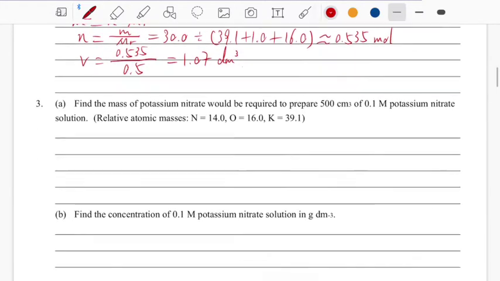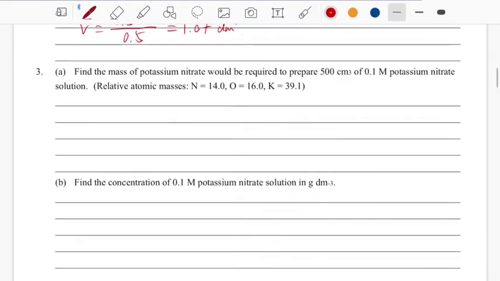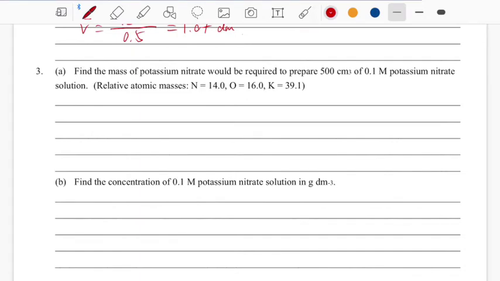For question 3a, find the mass of potassium nitrate that would be required to prepare 500 cm cube of 0.1 molar potassium nitrate solution. Remember the formula, molarity equals number of mole over the volume. If we want to work out the mass, we need to first work out the number of mole.